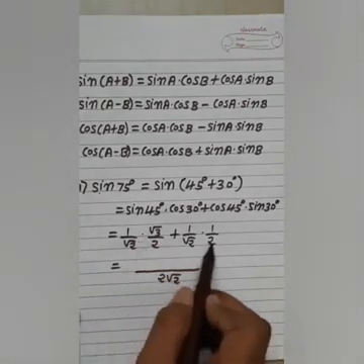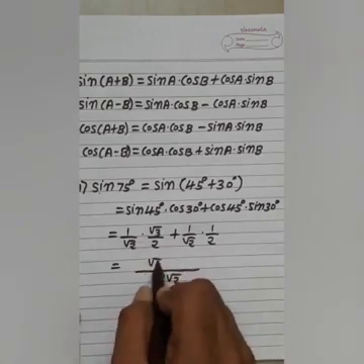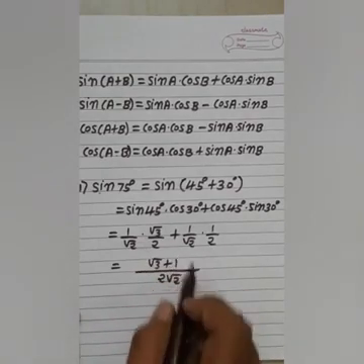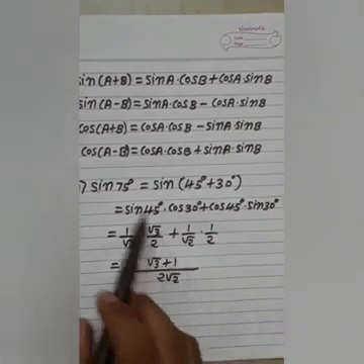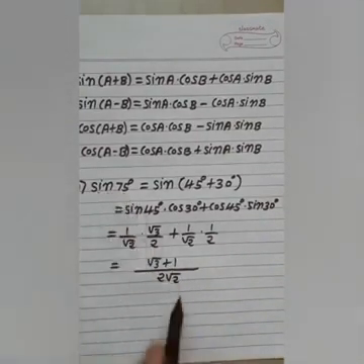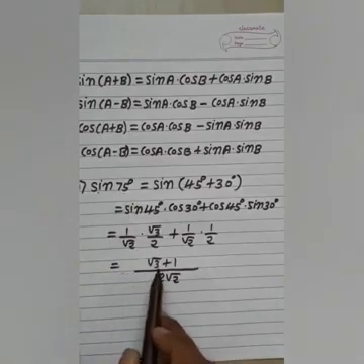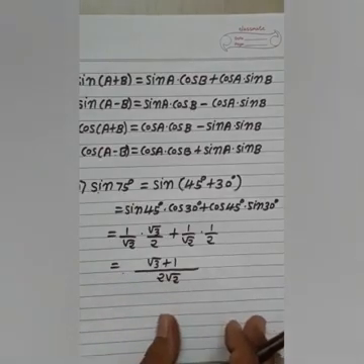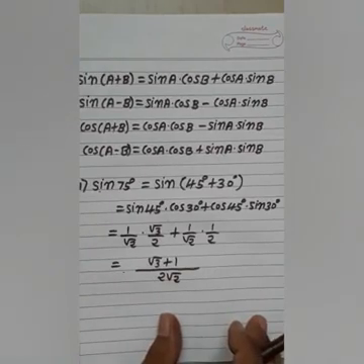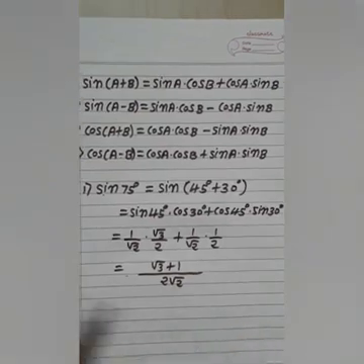Now the LCM is the same in both terms, so we can write under root 3 plus 1. So the value of sine 75 degree is under root 3 plus 1 upon 2 root 2. Now let us discuss another question. Same method applies. Next question.